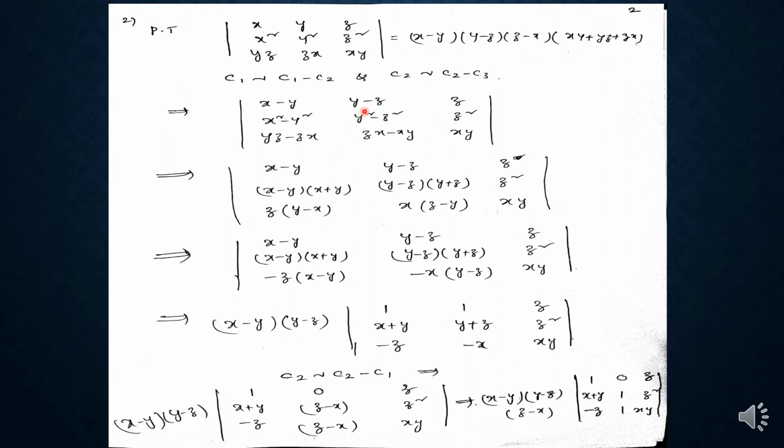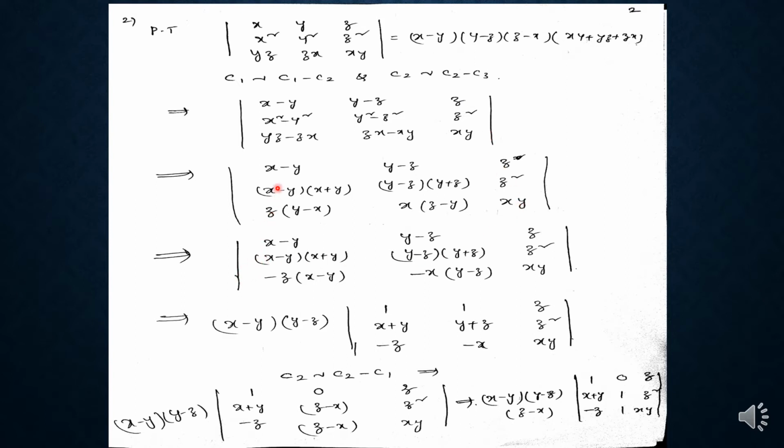Similarly, from the second column, y − z, here y² − z² can be written as (y − z)(y + z). Here in the third row, x(z − y), so this can be written as −x(y − z), so that in the second column y − z is common, so we can take out y − z as common. Now the third column is as it is, z², xy.